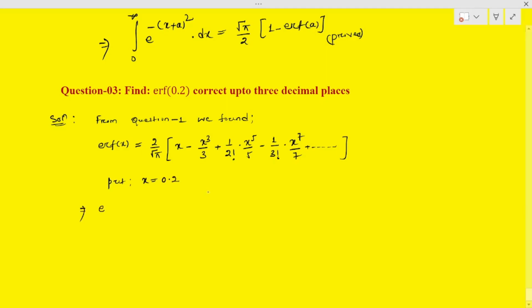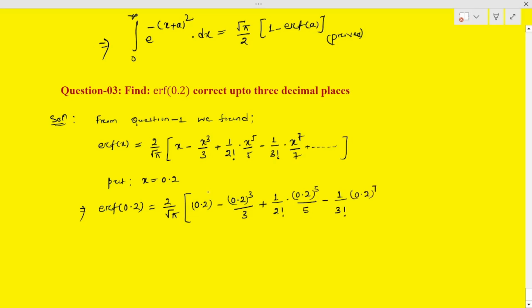So that implies the error function of 0.2 will be 2 by root pi into 0.2 minus 0.2 whole cube by 3 plus 1 by 2 factorial into 0.2 to the power 5 by 5 minus 1 by 3 factorial into 0.2 to the power 7 by 7 plus so on.